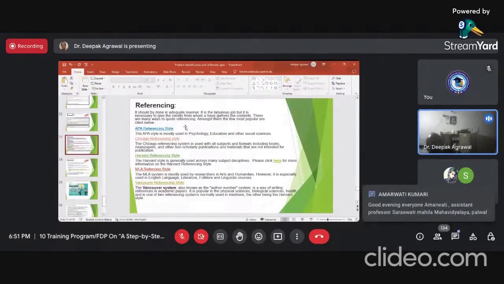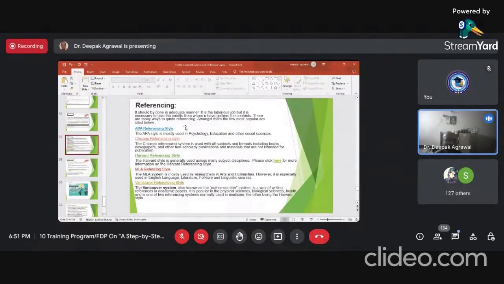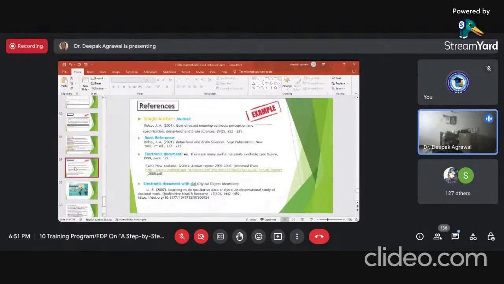If not, then you can follow any of the standard guidelines provided by agencies, such as APA, Chicago referencing style, Harvard referencing style, MLA, which is largely used for languages and linguistics, Vancouver, and many more. Even MS Word provides this facility to give you a ready-made reference. It requires the data, and it is going to convert it for you.